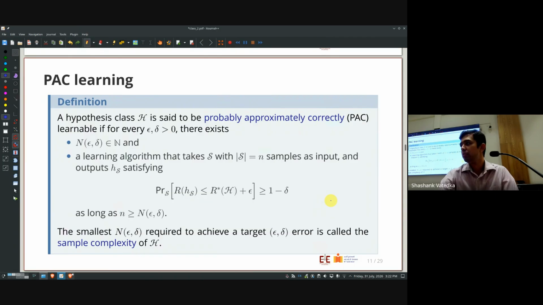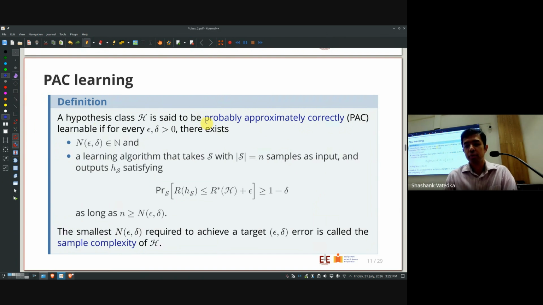So how do we mathematically say what is a good learning algorithm? Because we want to strip out all of the other details and say when does a learning algorithm work well. So we'll say that a particular hypothesis class is learnable, or in some sense efficiently learnable.